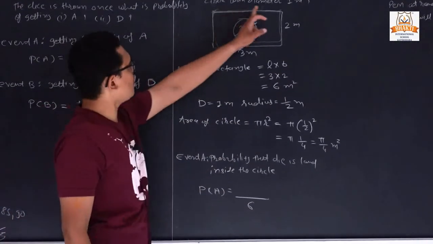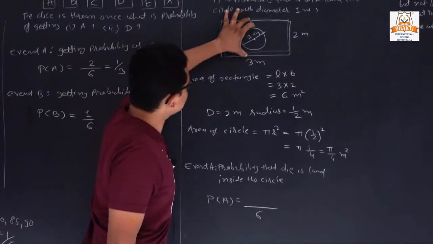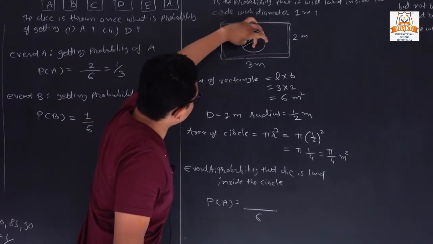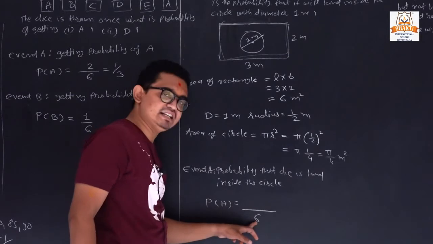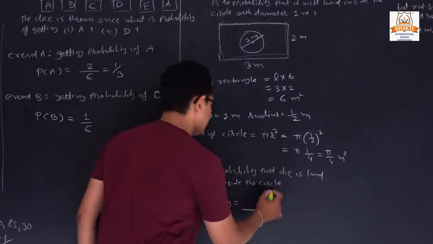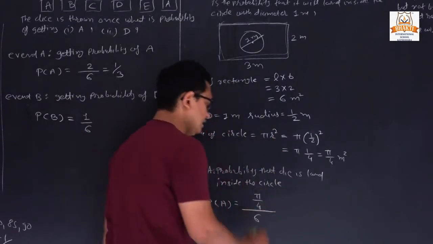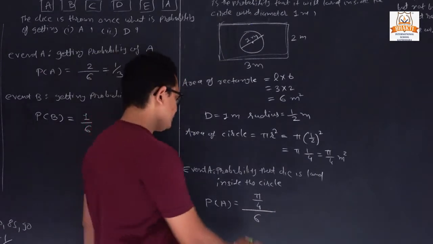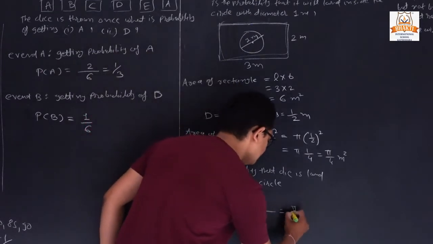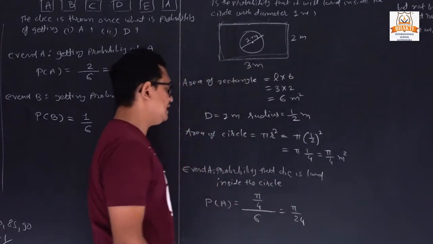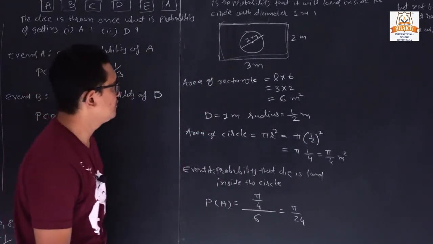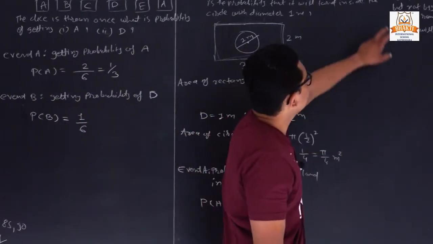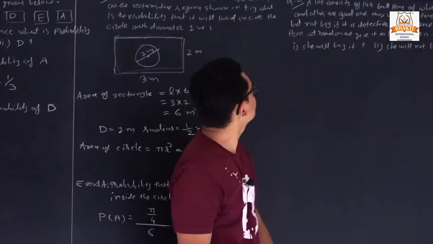Clear? Because out of the whole region, what is the probability that the die is inside the circle. So we write the total area, 6, and the area of the circle is pi by 4. So what is its probability? Pi upon 24.